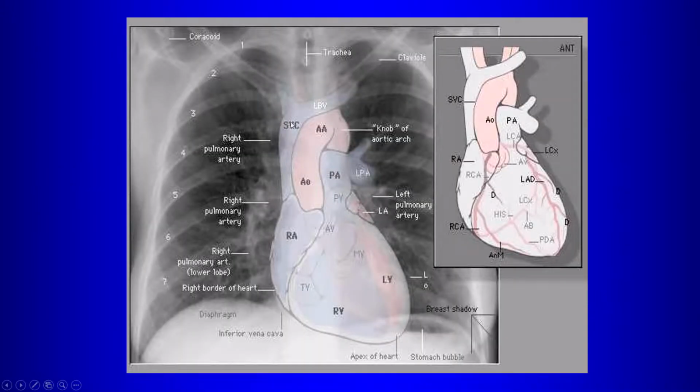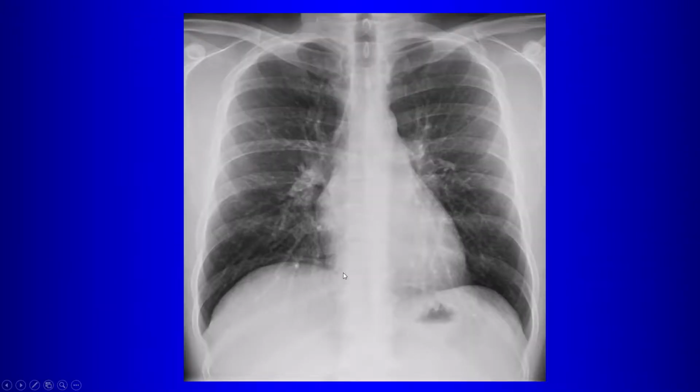So here, superimposed on the chest radiograph, the right border of the mediastinum, superior vena cava, right atrium. The left border, we have the aortic knob, main pulmonary artery, left atrial appendage, and then the rest of the left heart border is made up by the left ventricle. So on this chest x-ray, we have superior vena cava here, and then the right atrium here.